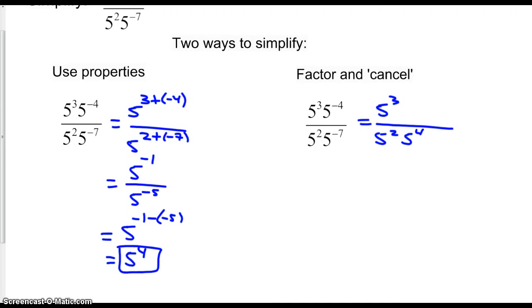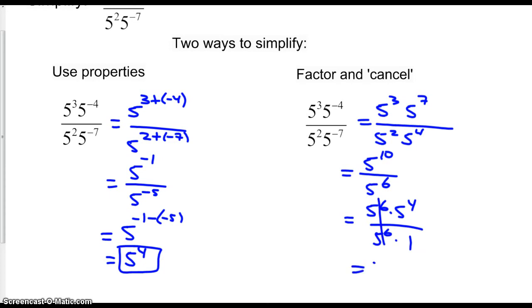And the 5 to the negative 7 would become 5 to the positive 7, but on the top of the fraction. And then I can combine and say that means I have 10 5s multiplied on the top, and I have, let's see, 6 5s on the bottom. And then I can factor this by saying 5 to the 10th is 5 to the 6th times 5 to the 4th, over 5 to the 6th times 1, and get 5 to the 4th that way. Right, so both are perfectly good ways to do it. It depends on whether you like to be really careful with negatives of negatives, or whether you want to get rid of negatives right away and then use canceling techniques.